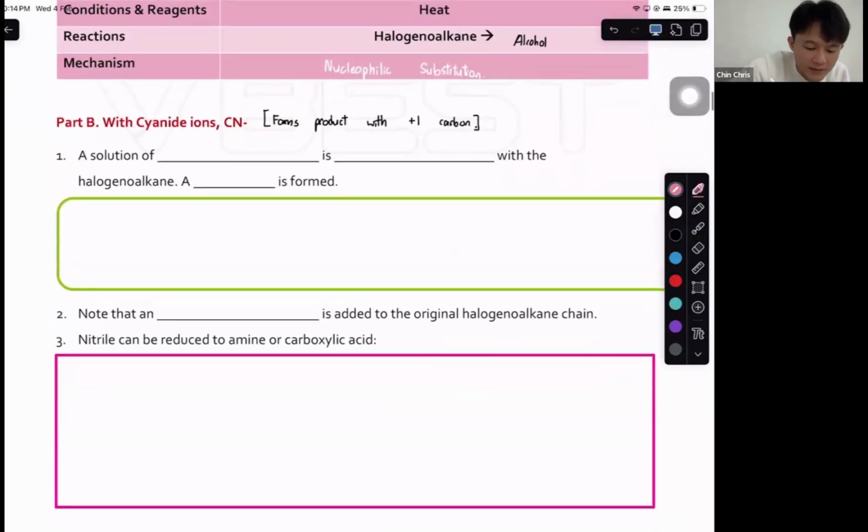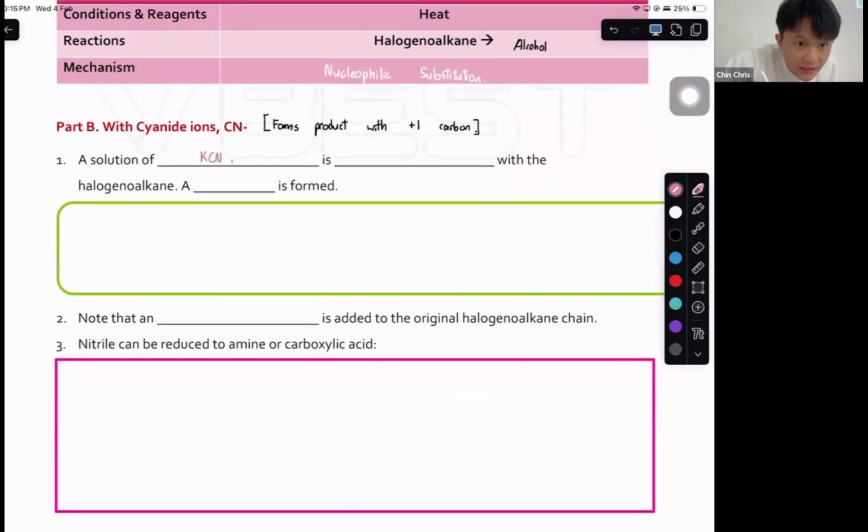So for CN minus, a solution of KCN in ethanol is heated with a halogenoalkane, and you will get a nitrile formed. That's it.